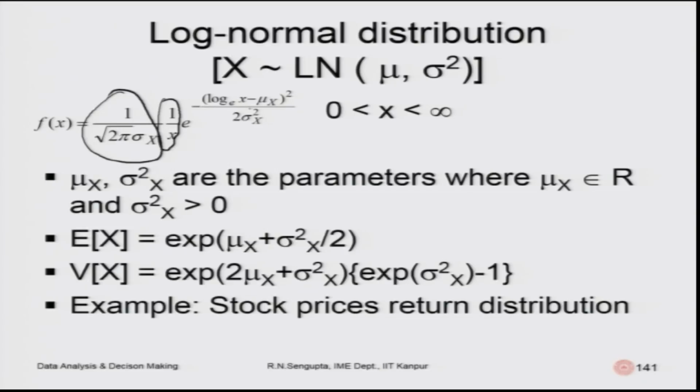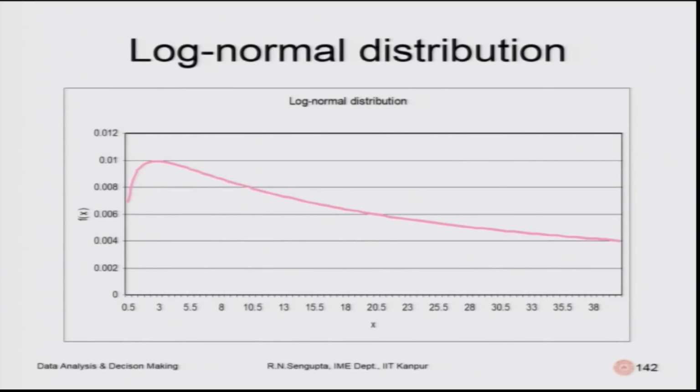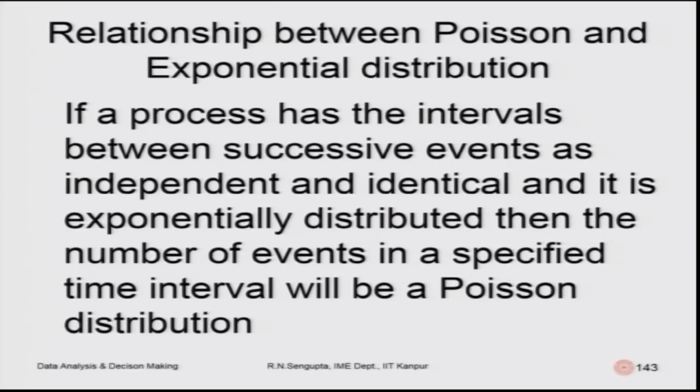So, this is log of x minus mu whole square divided by 2 sigma square. These values are only different, and based on that you can find out the log normal distribution. This is the log normal distribution, and along the x axis you have the x values, along the y axis you have the PDF values, and you can calculate the corresponding probabilities as required.